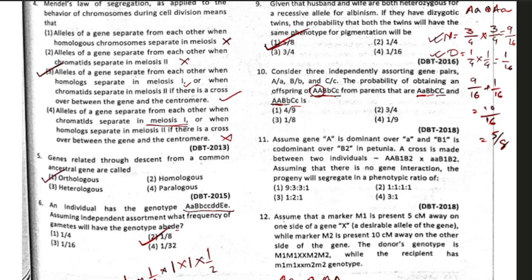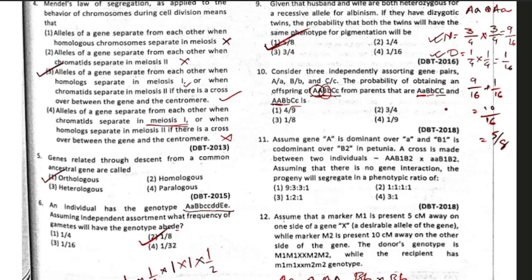That is 1 by 2, right? Now if we cross capital B small b with capital B small b, and we have to get capital B small b in the child, the probability is 2 by 4, that is 1 by 2 again.